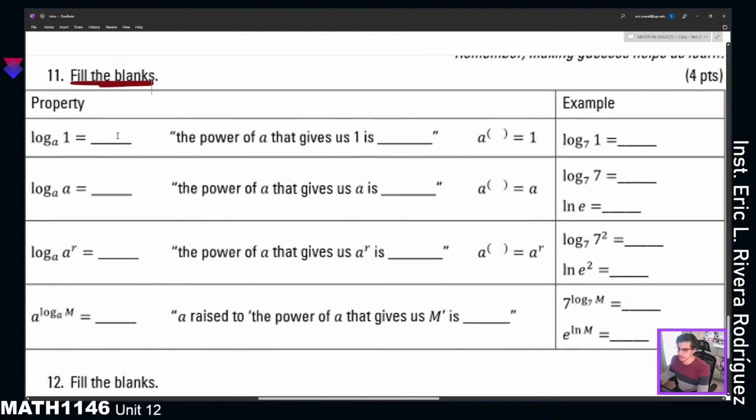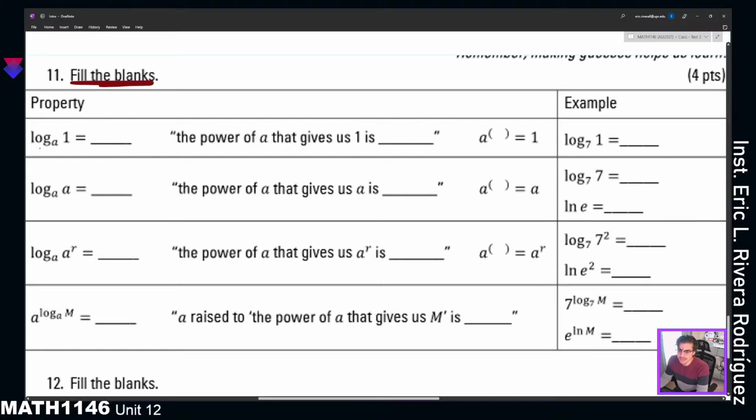All right, the first one. When we have log base a of 1, what is that result? This is the important part here, the question that I just posed before. What is the power of a that gives the argument of 1? You need to remember that every time we raise a number to a power of 0, we get 1.